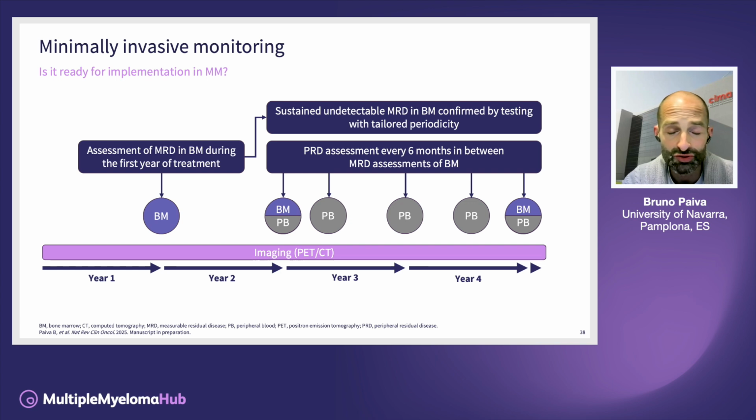And this can be performed using mass spec and eventually flow or sequencing technologies, ideally the same method that has been performed in the bone marrow. And obviously not forgetting the value of PET-CT, particularly in those patients that show at baseline extramedullary disease or are at high risk of developing extramedullary disease.